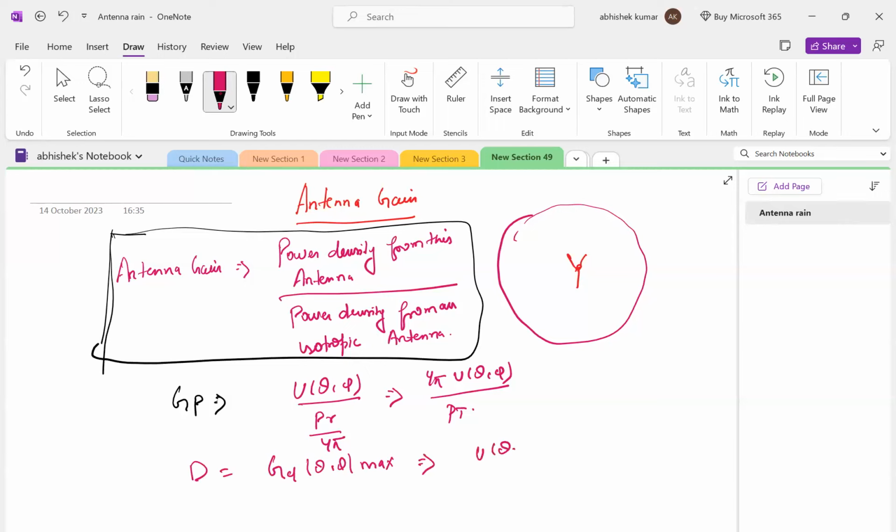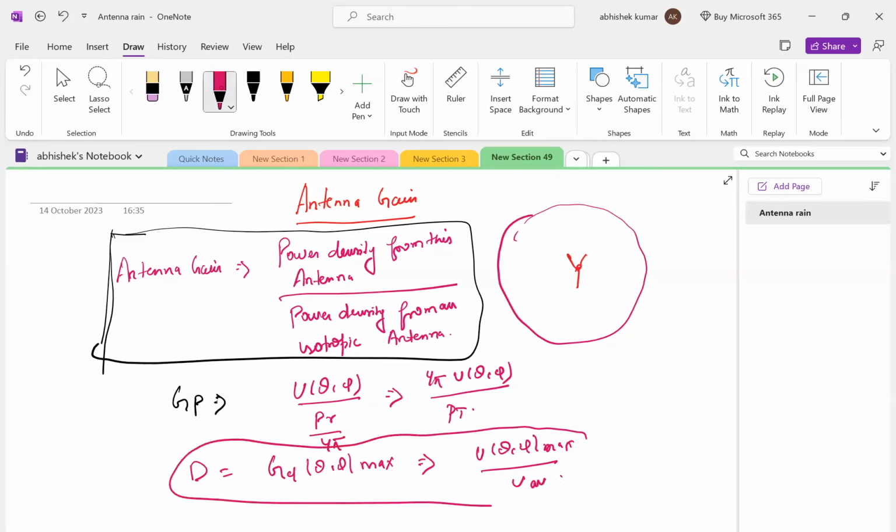That will be U(theta, phi) max divided by U. This is directivity.